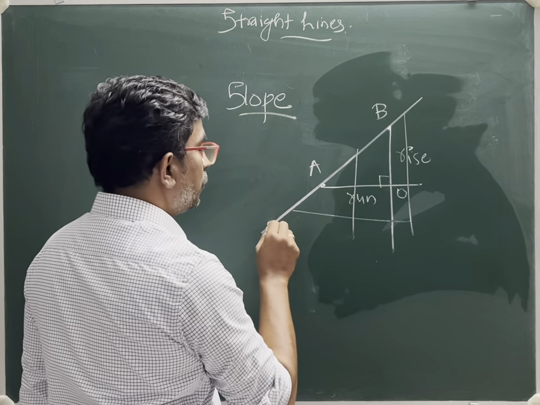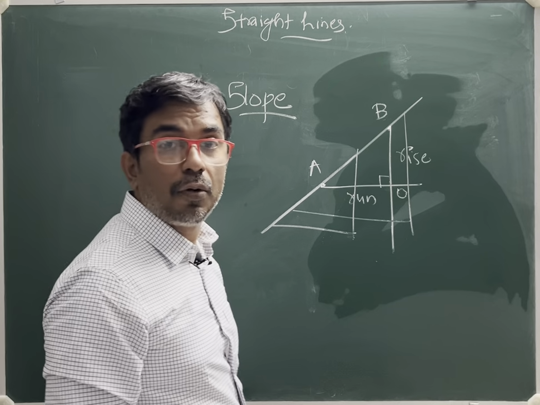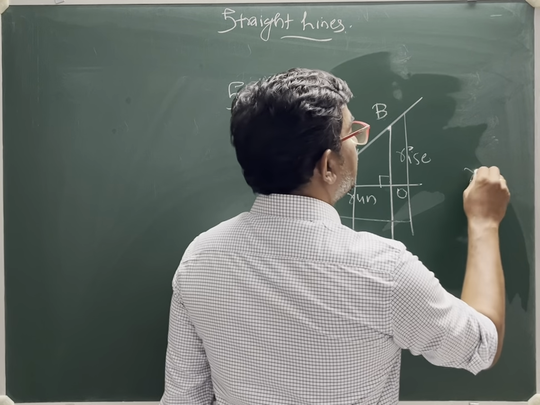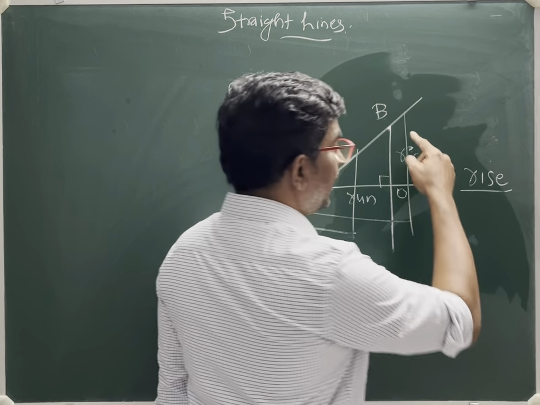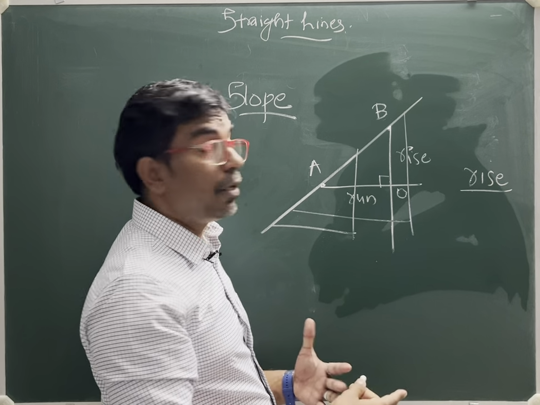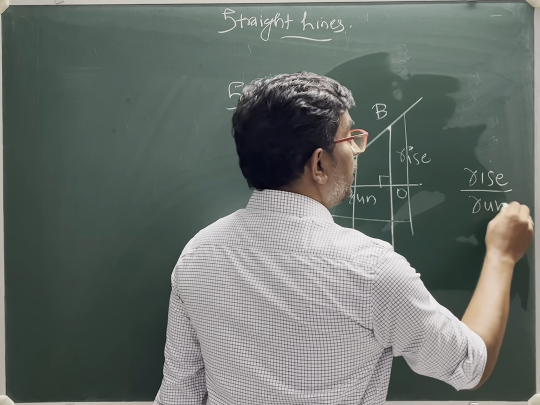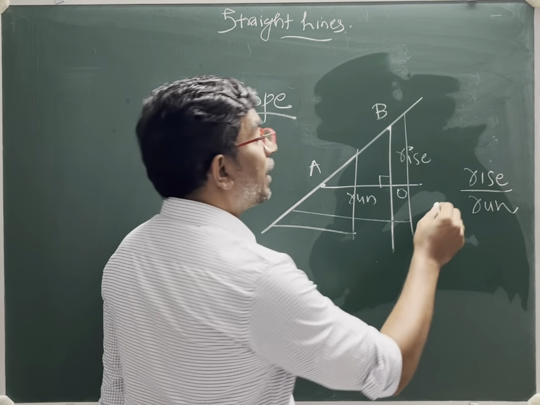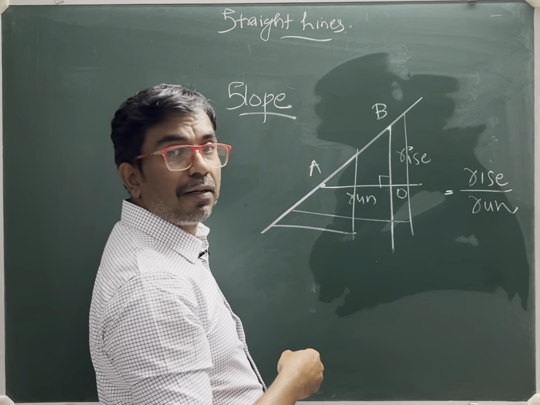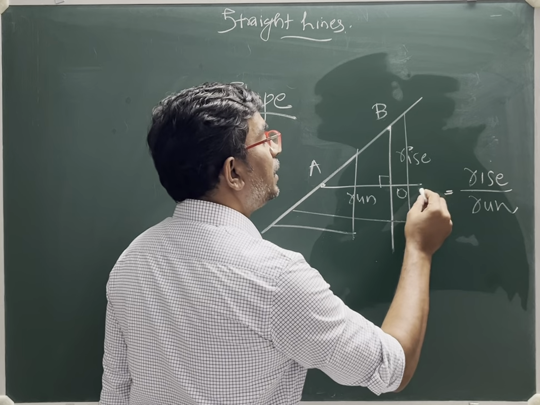Any 2 points you choose, find the rise and run. The lengths may change, but the ratio rise divided by run will remain the same for the straight line. That is what they consider as the slope.